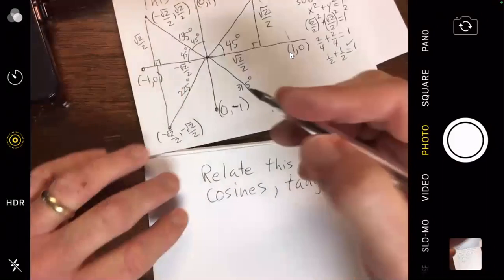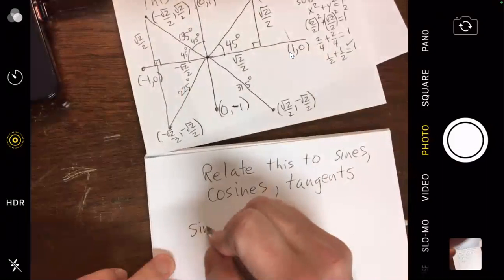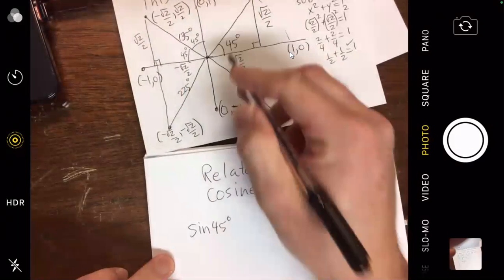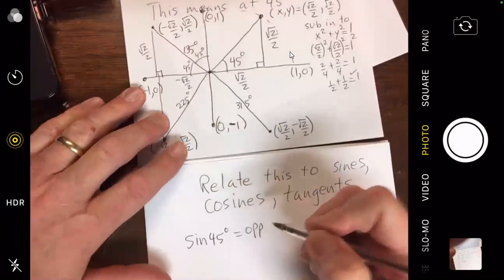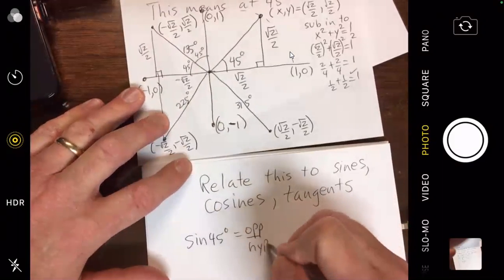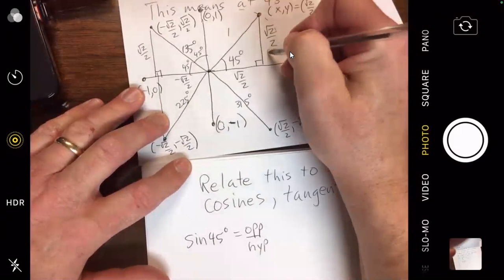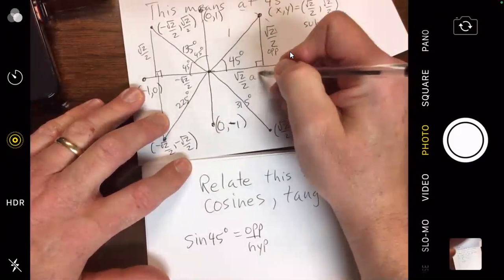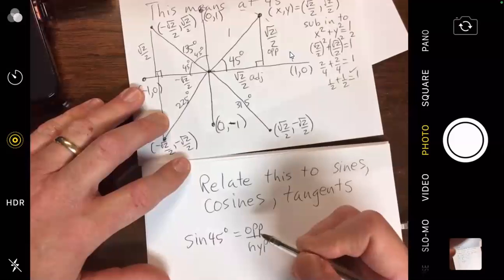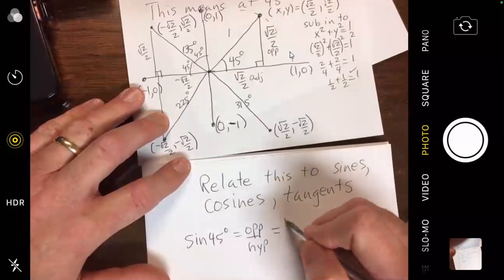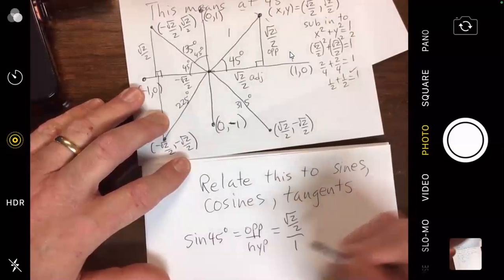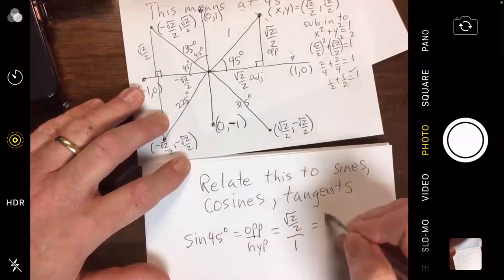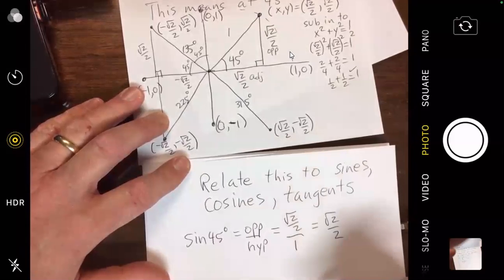Okay. Remember, sine of 45 degrees. If I take the sine of 45 degrees, I get opposite over hypotenuse. Hypotenuse is 1. This is opposite. This is adjacent, which means I get opposite root 2 over 2 over hypotenuse, which is 1, meaning root 2 over 2.